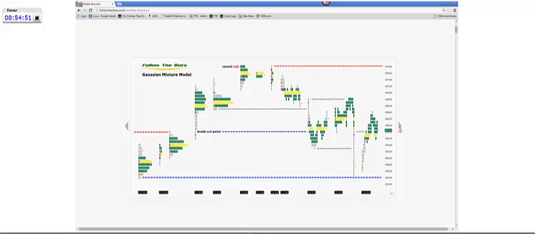And in Pete Steidelmeyer's research, he attempted to address this by using terms like a variation on normal distribution, a trend day, a neutral day, a double distribution. He had various names that he had developed in an attempt to describe these various patterns.